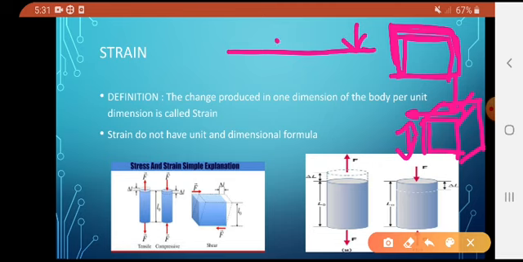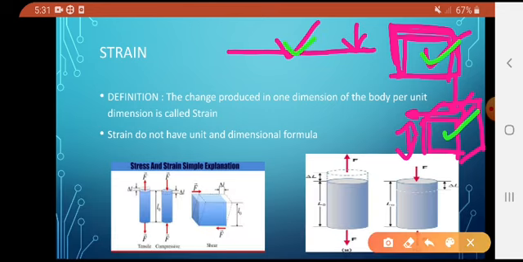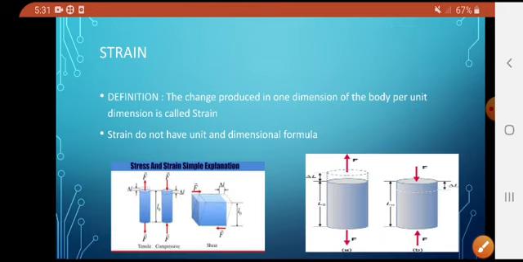So this is a change in one dimension, this is a change in two dimensions, and here a change in three dimensions. Some change is there. The change produced in one dimension of the body per unit dimension is called a strain.